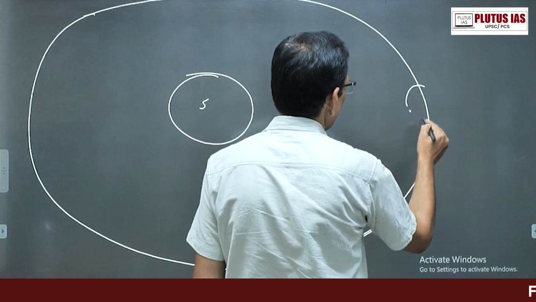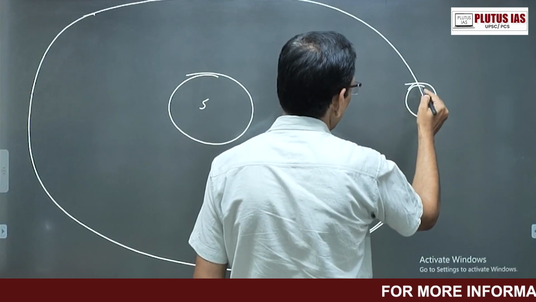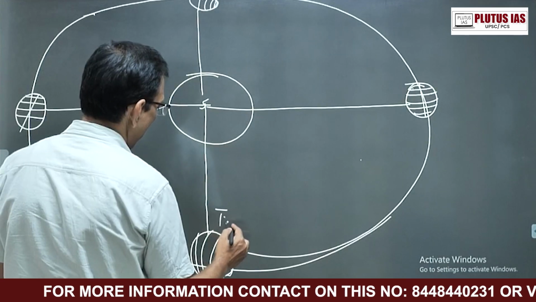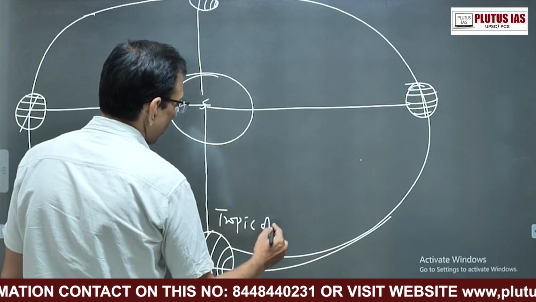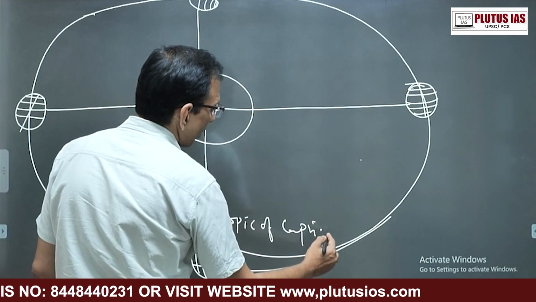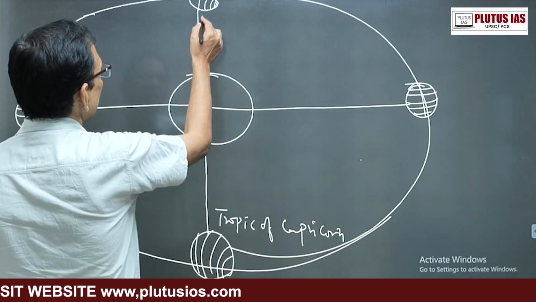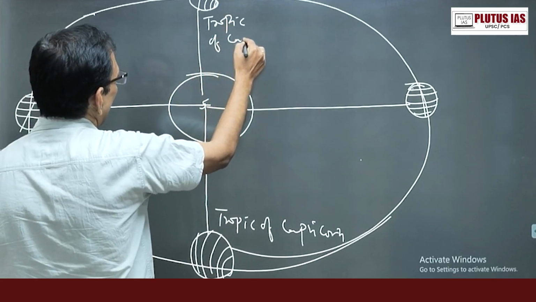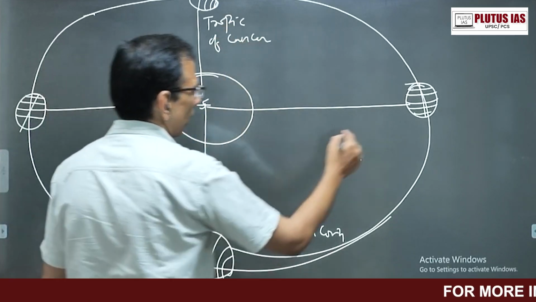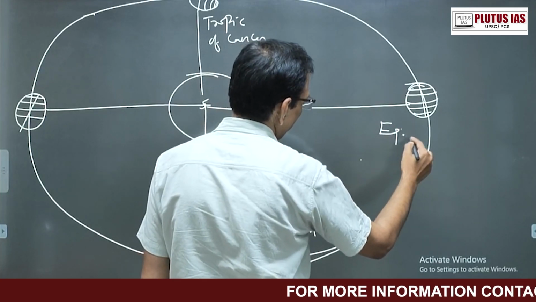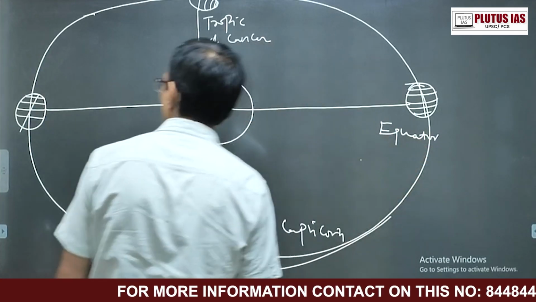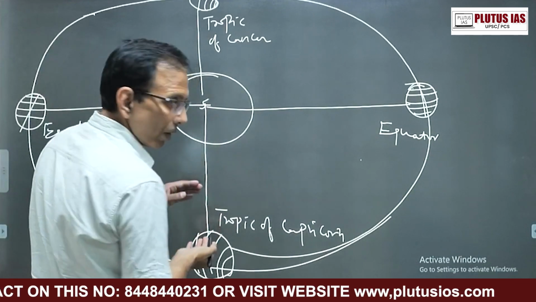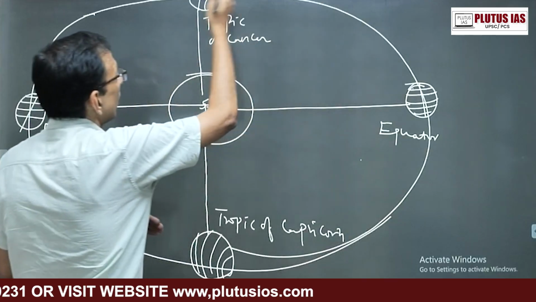When the earth is at this position, this is the axis, this is the Tropic of Capricorn and this is the Tropic of Cancer, and this is the equator.